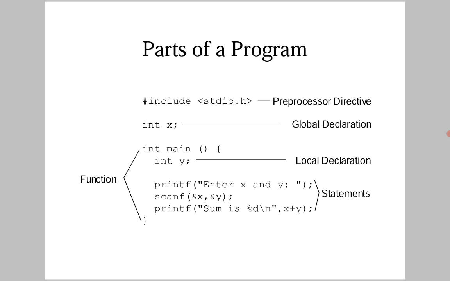After that, int y semicolon is the local variable declaration. After that come the program statements, and every statement should end with a semicolon symbol. After that, we may use some statements called printf and scanf.